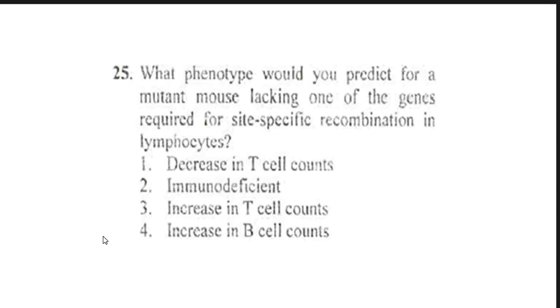what phenotype would you predict for a mutant mouse lacking one of the genes required for site specific recombination in lymphocytes? Okay, so first we will study a little about site specific recombination. So let's begin.